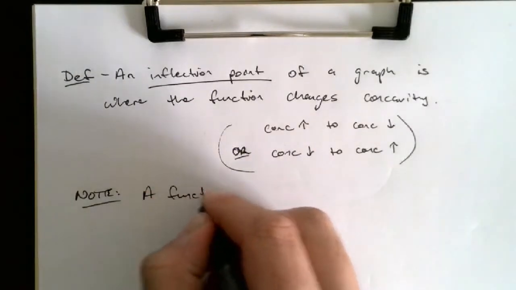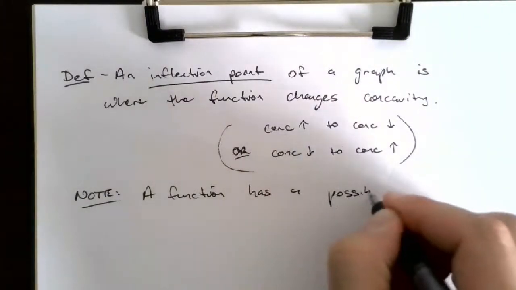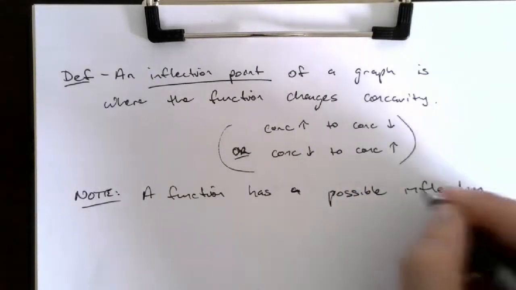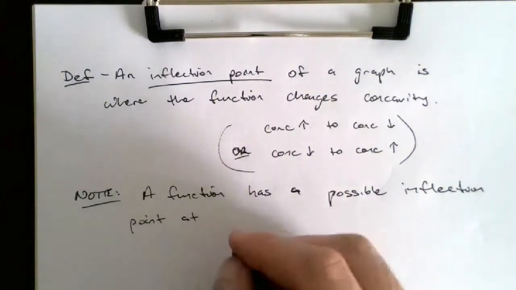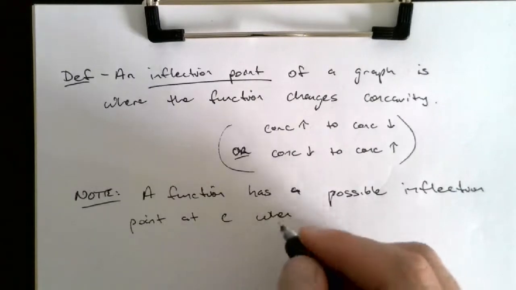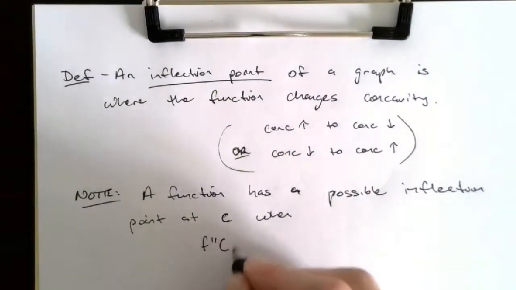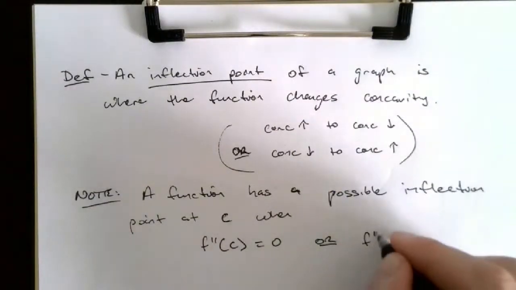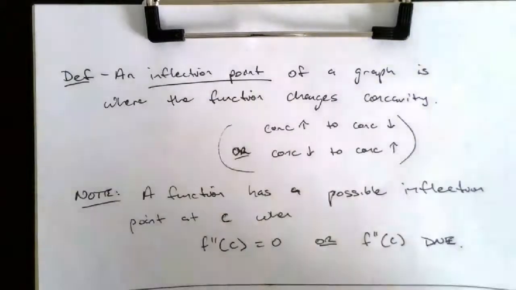A function has a possible inflection point at c when, and c is just an x value, f double prime of c equals 0, or f double prime of c does not exist. So that's how you know where you can find inflection points.